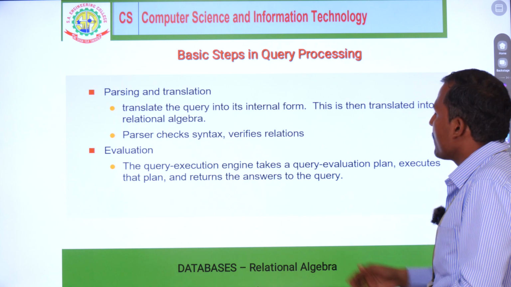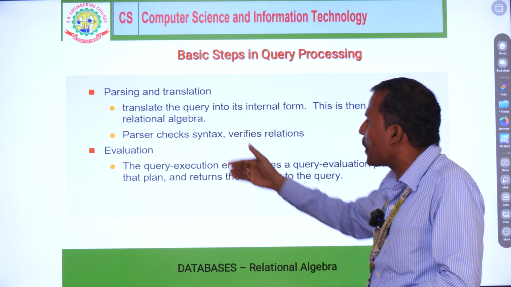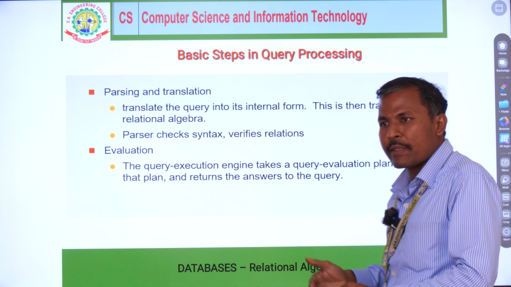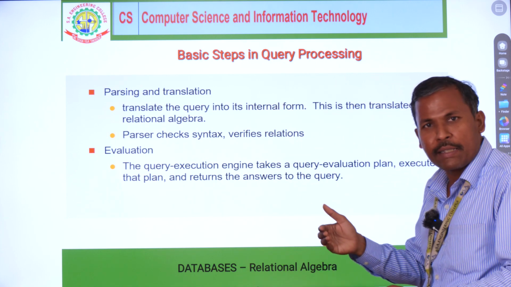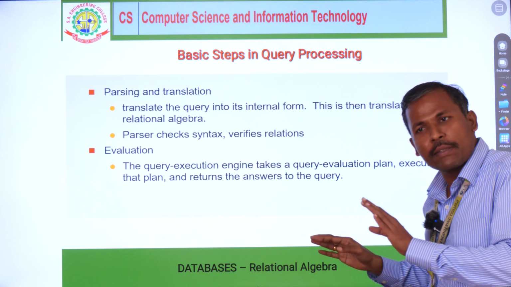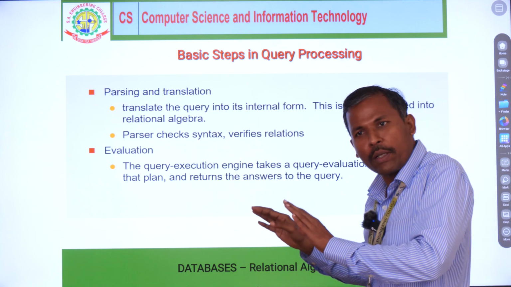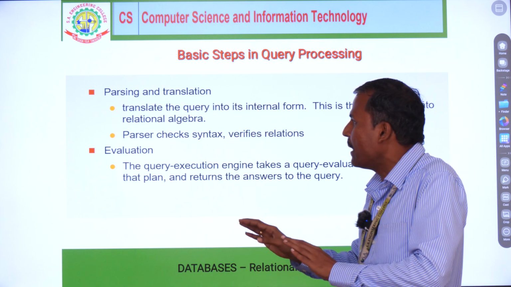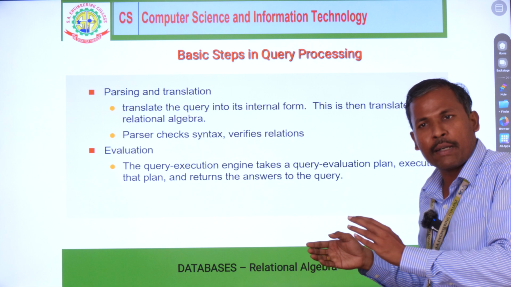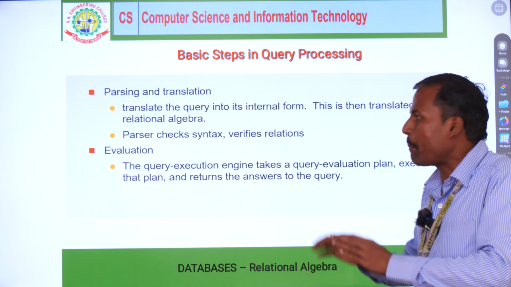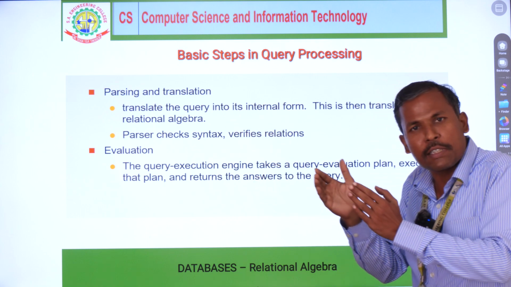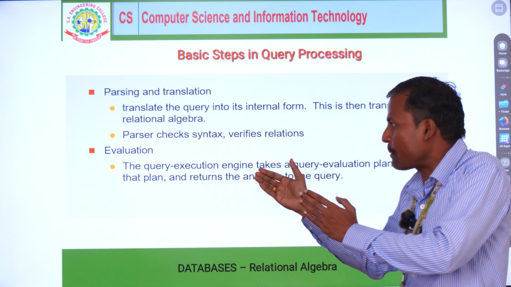As I said earlier, these are the basic steps involved in query processing: parsing and translation. So what does the parser actually do? The parser checks the syntax and verifies the relation, whether the syntax is error-free or not, and whether the relation exists or not. This is the functionality of the parser. If the given SQL query is error-free and it is really a valid table, the parser hands over the query to the translator, and the translator converts the query into a relational algebra expression.